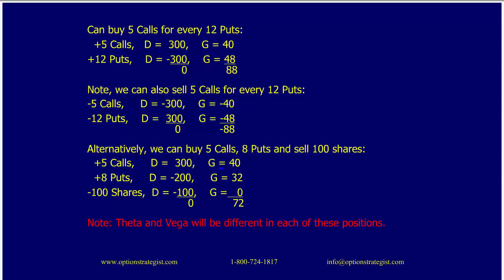And you could see my gamma in this case is going to be positive 72. Now what I'm not showing is the theta and vega that we're going to have in each of these positions. They'll be different as well. Okay, so there's a lot that goes into determining what kind of position that we want. Right now we're just concentrating on making the position delta neutral. Now let's see what else we could do.